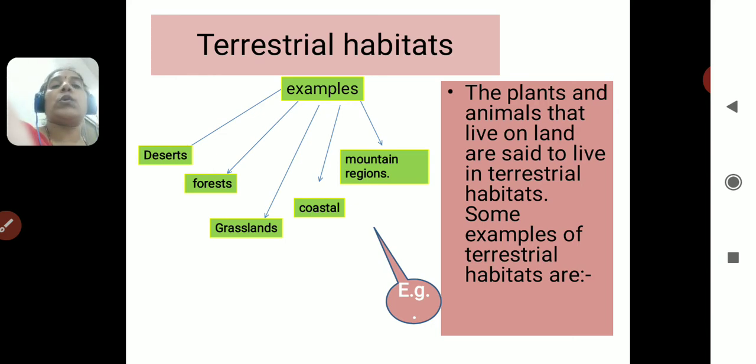In the same way, coastal areas are near the sea, and here also we can find different varieties of organisms. The mountain region is also a part of terrestrial habitats. Actually, students, it's a hilly area. So about terrestrial habitats, we can say that the plants and animals that live on the land are said to live in terrestrial habitats.